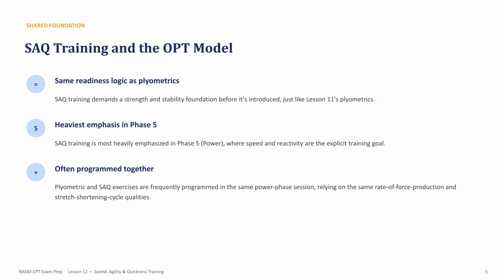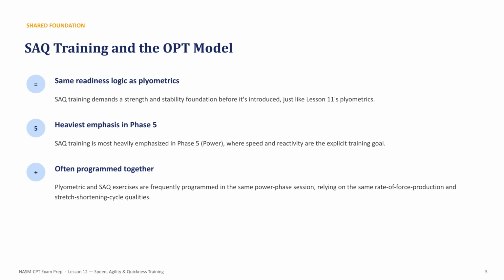Here's a shared foundation worth naming. SAQ training demands a strength and stability foundation before it's introduced, just like plyometrics, which you covered in Lesson 11. SAQ training carries its heaviest emphasis in Phase 5, power. That's where speed and reactivity are the explicit training goal.